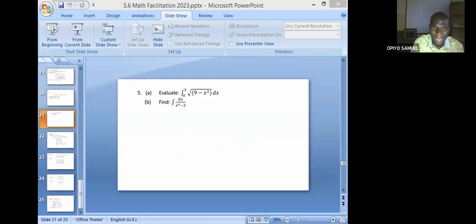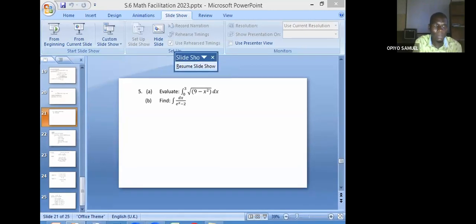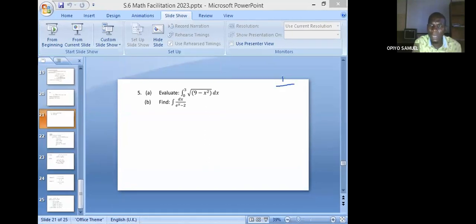Then for part B, we have this. Remember, this is just the same as 1 over e power x minus 2, then dx.